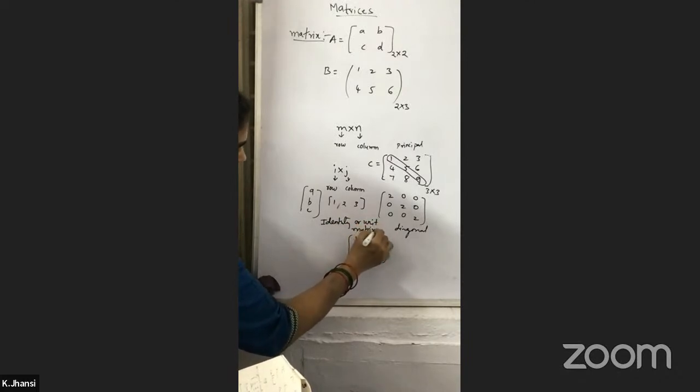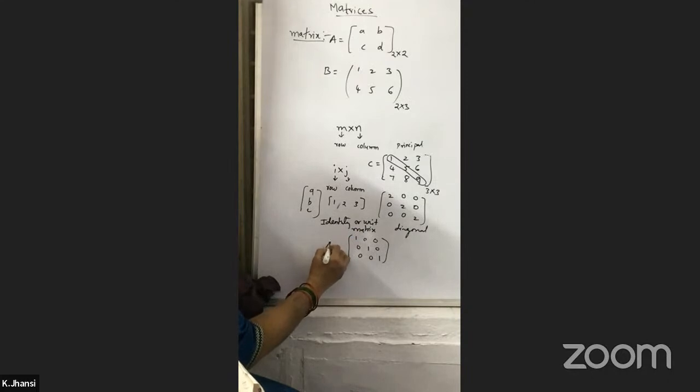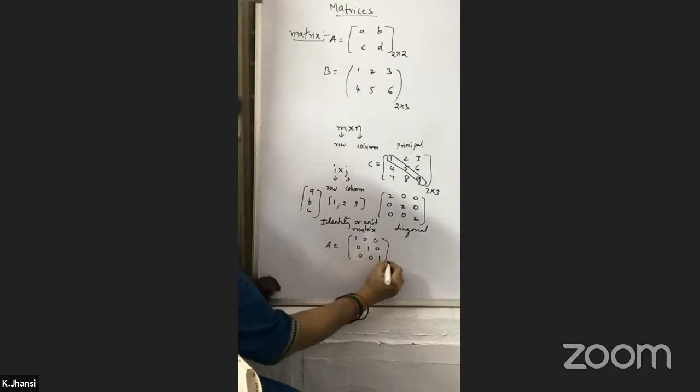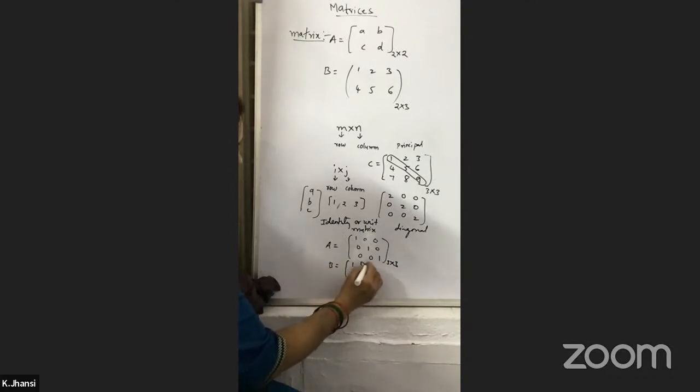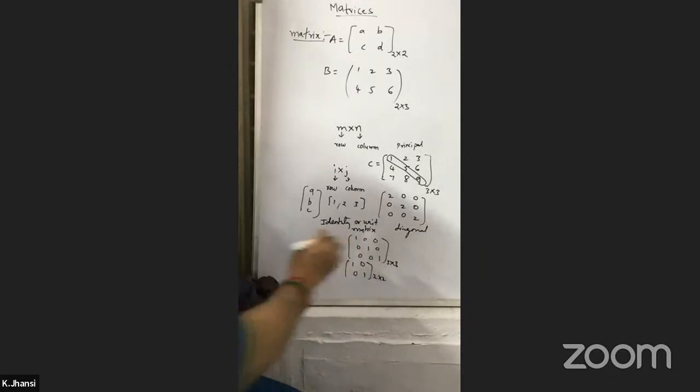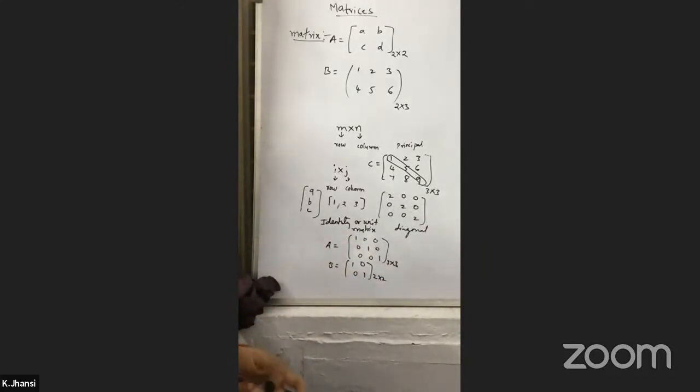Okay. So this, if we represent it as A, is the 3 by 3 unit matrix. And if it is 2 by 2, it means 1, 0, 0, 1. Okay. And the identity matrix will compulsorily be a square matrix only. So this is the important one. Almost in the problems we'll get that one.